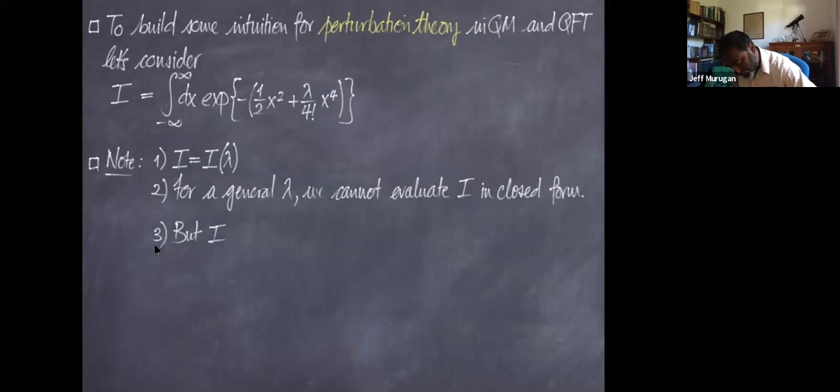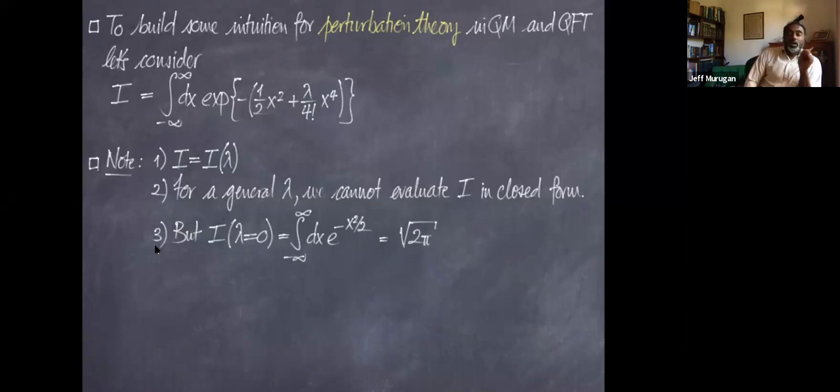But when lambda is in fact equal to 0, I at lambda equals 0 is basically just the Gaussian integral from minus infinity to infinity of e to the minus x squared over 2, which is just square root of 2 pi.